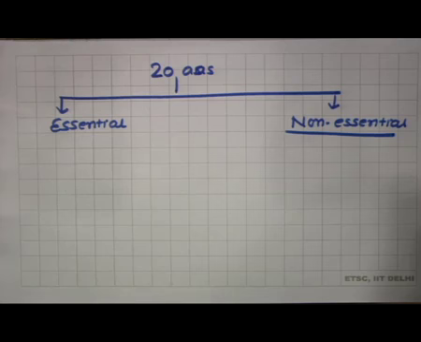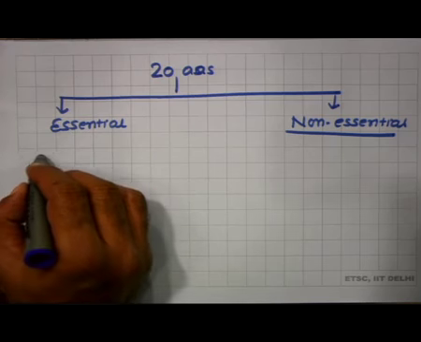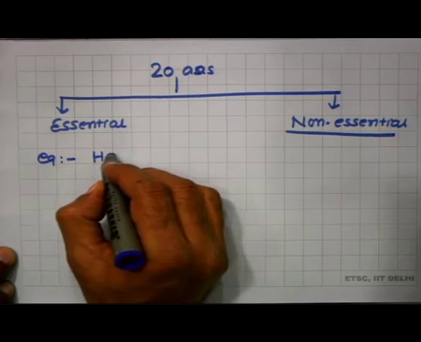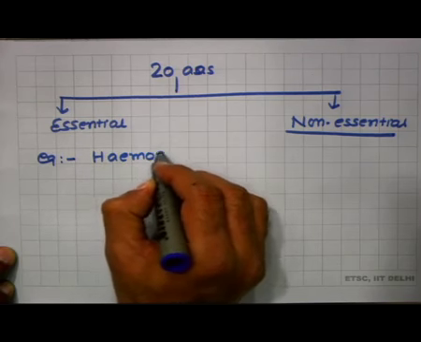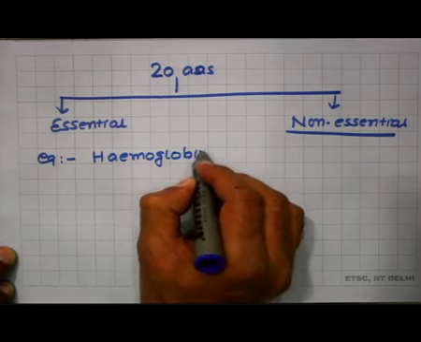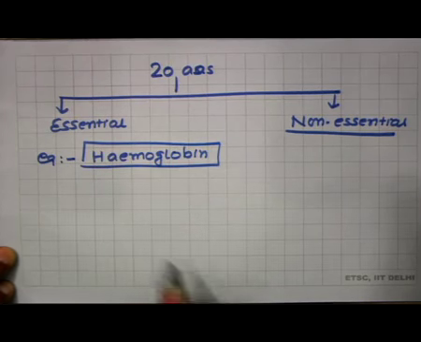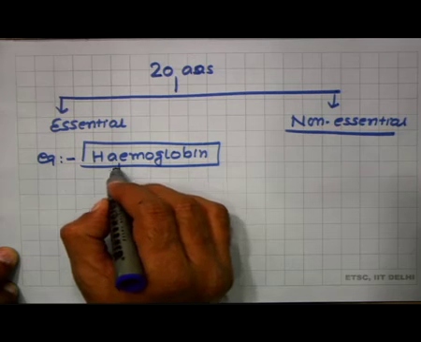Protein is a highly complex structure, very large molecules, with high molecular weight. Example of one protein, you know very well, hemoglobin. It is the chief constituent of our blood.